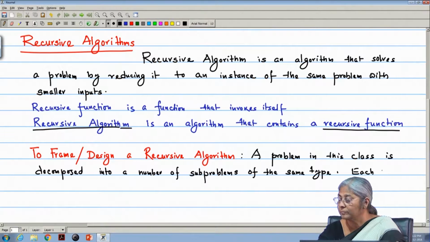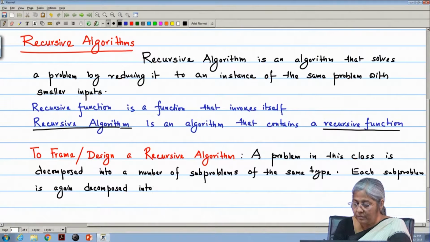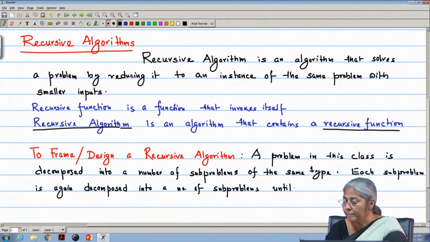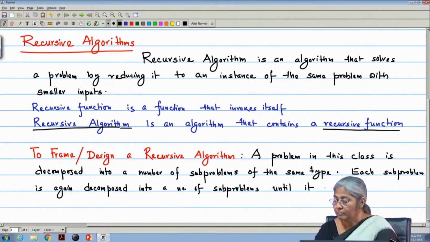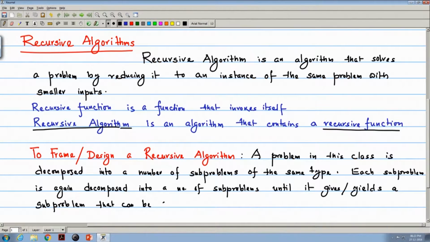Then each sub problem is again decomposed into a number of same-type sub problems, until it yields a sub problem that can be solved in a straightforward way.